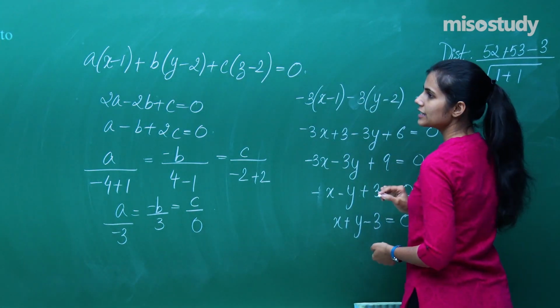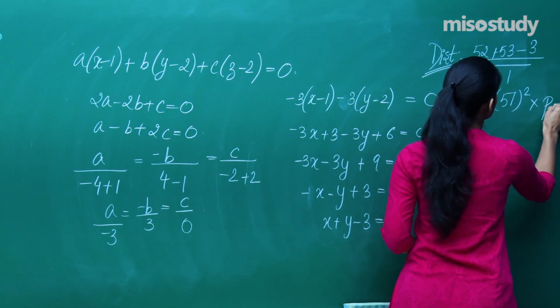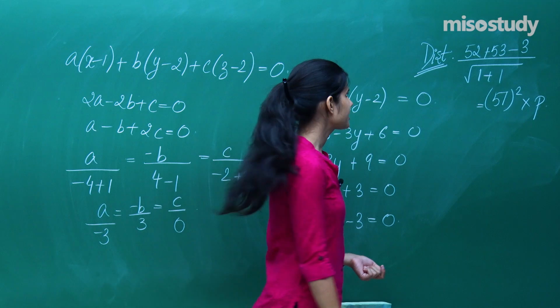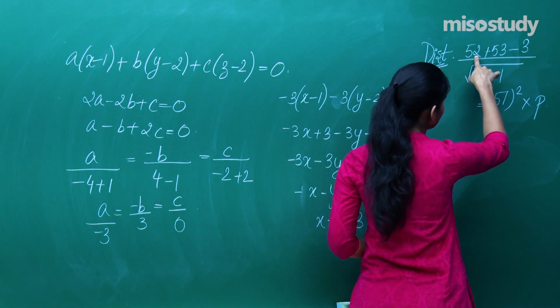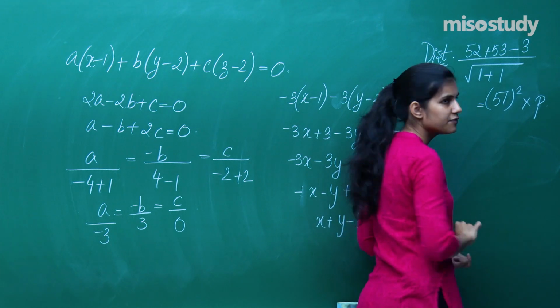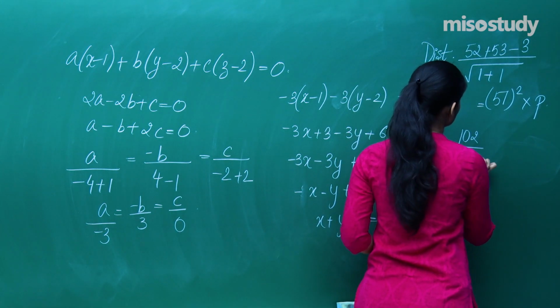This is given to you as 51 square into P. Let's calculate this. This becomes 52 + 53 is 105, minus 3, which is 102 upon root 2.